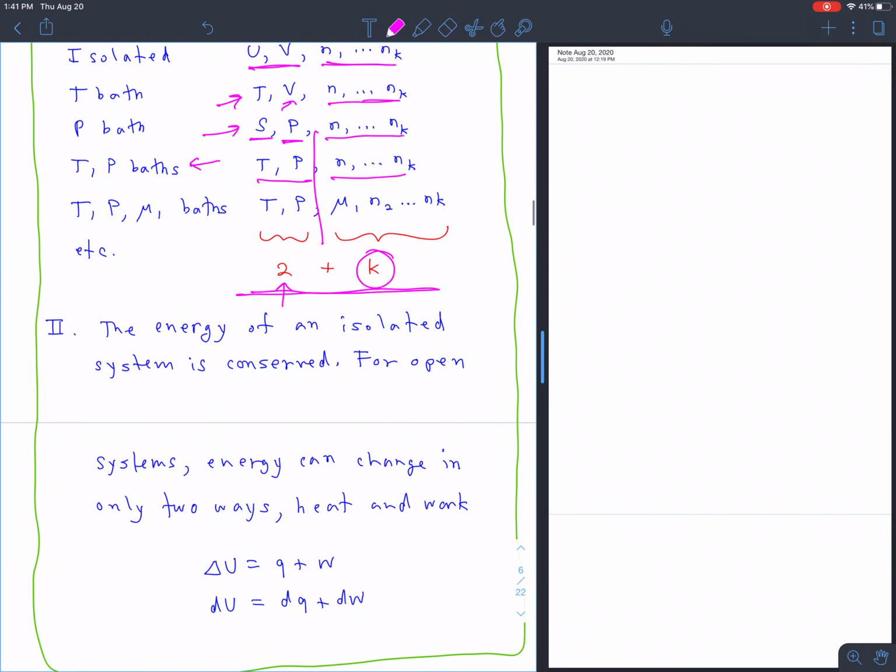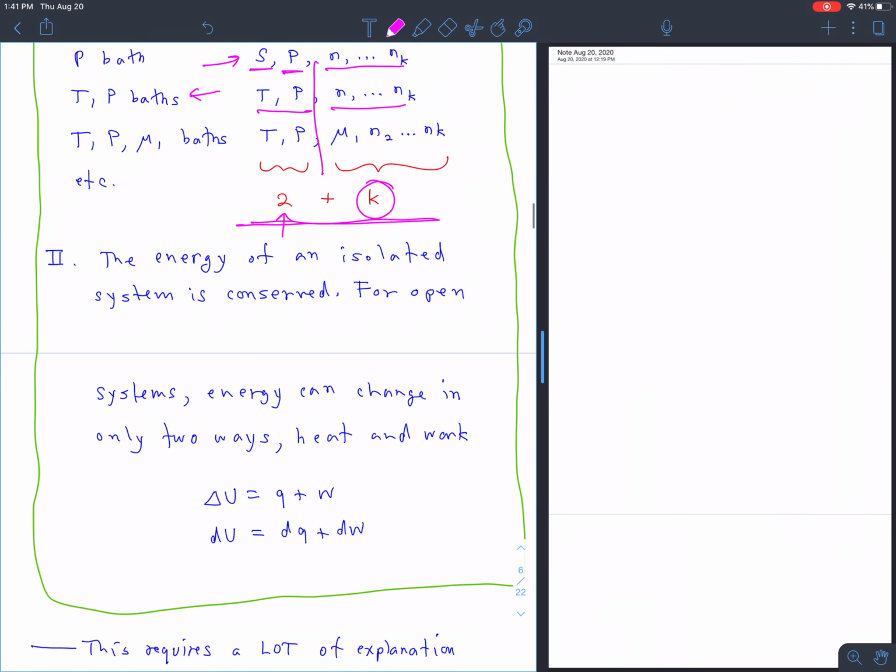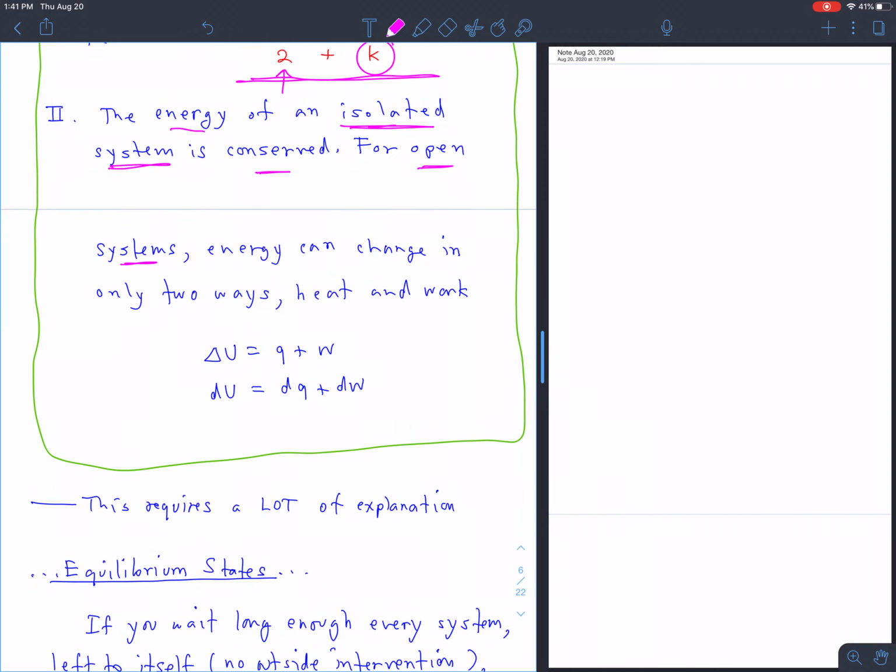Extended first law, sorry. The second part is that the energy of an isolated system, so isolating walls like we talked about above, is conserved. Energy is generally conserved, right? For open systems, so not isolated anymore, the energy can change, but in only one or both of 2 ways, heat and work. So there's only two ways by which the energy of an open system can change.